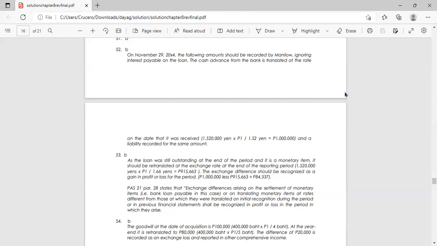The exchange difference should be recognized as a gain in profit or loss for the period. So 1 million minus 915,663, or 84,337, and it's a gain.